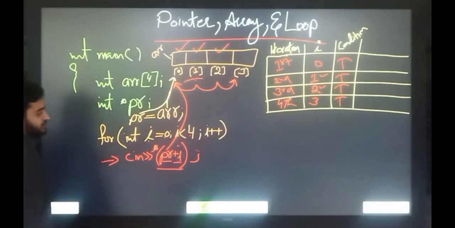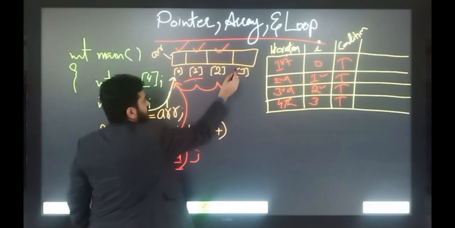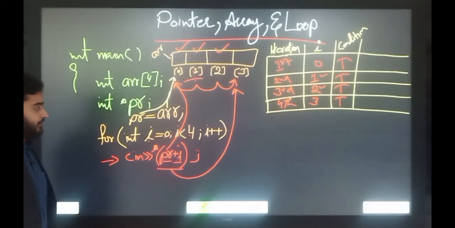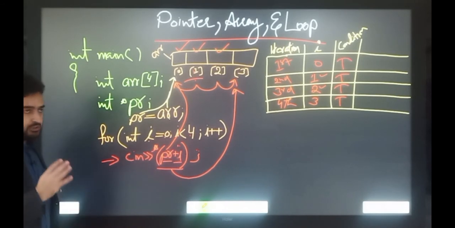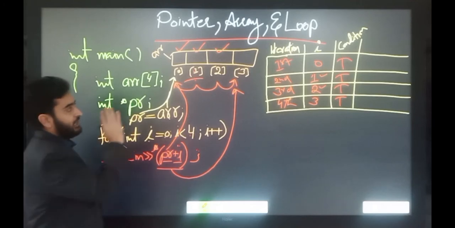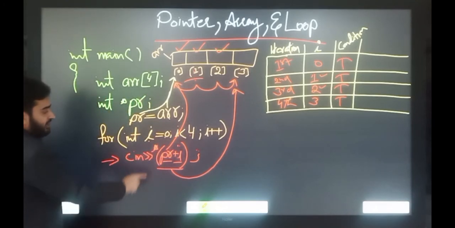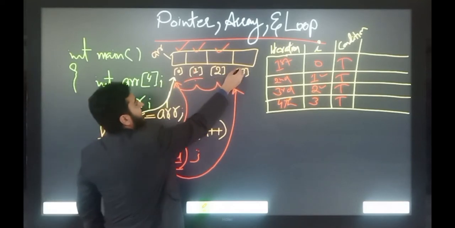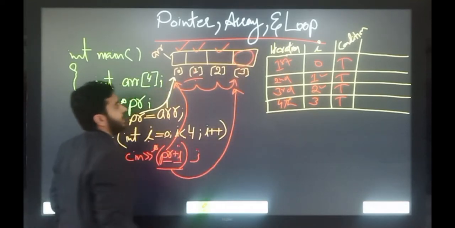So now this whole statement is pointing to the last location of the array, the fourth slot or the fourth element of the array, and we are going to dereference that address. So it means that we want to play with the value inside this location.